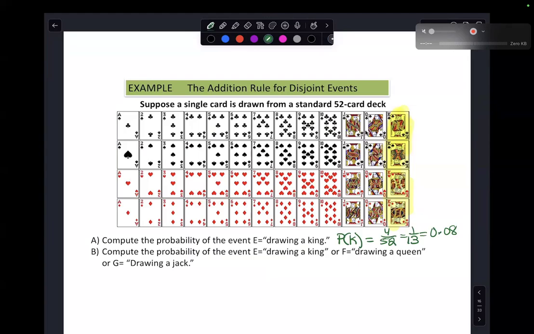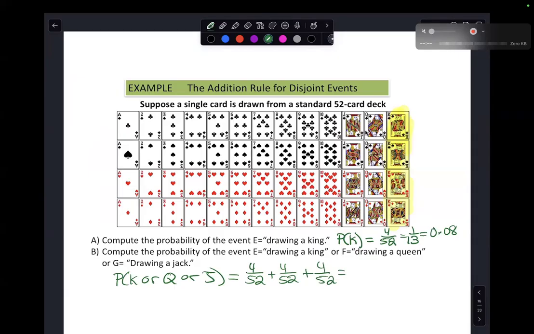All right, so now we want the probability of K or Q or Jack. So we have 4 out of 52 plus 4 out of 52 plus 4 out of 52.